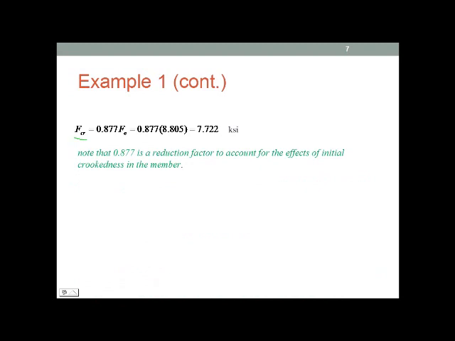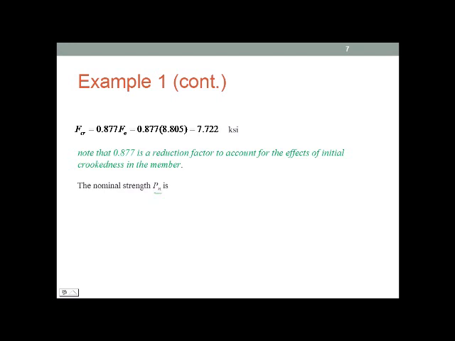Calculate the critical stress, Fcr. The critical stress equals 0.877 times Fe. Now if you substitute for Fe, you'll get a critical stress of 7.722 ksi. Note that 0.877 is a reduction factor to account for the effects of initial crookedness in the member.